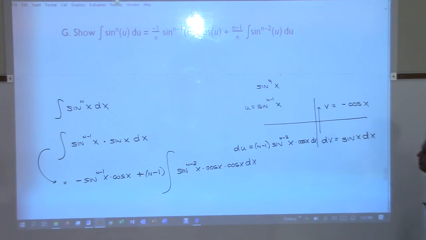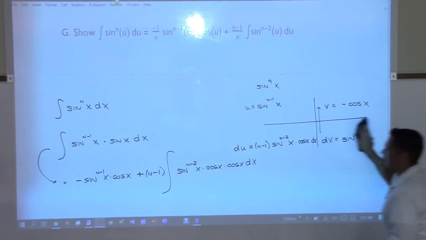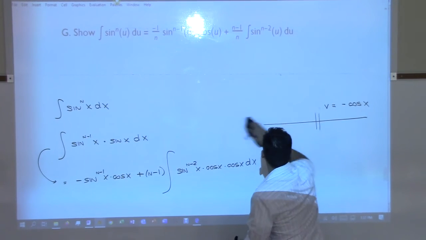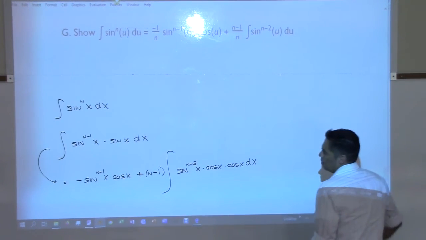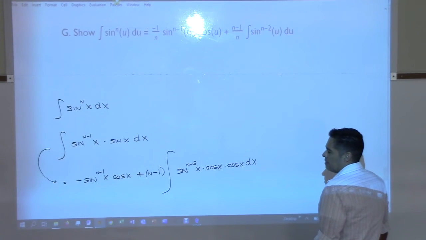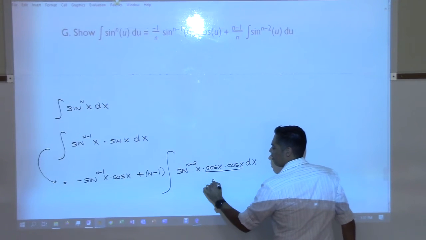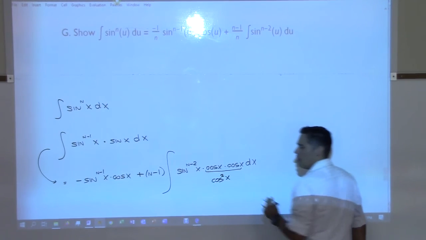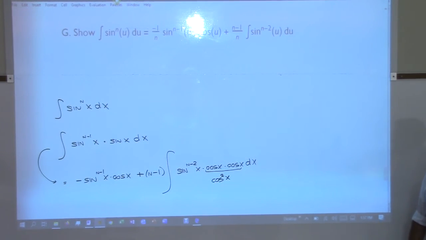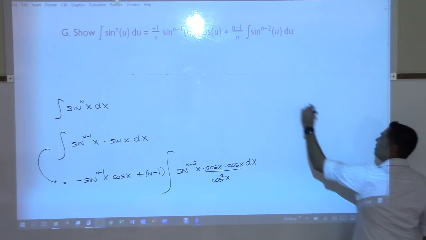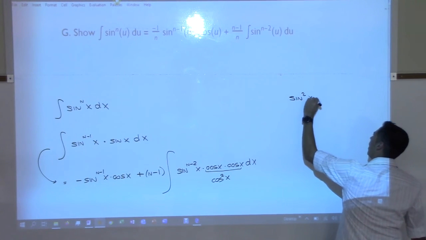All right? So now what we're going to do is, not yet. We're going to put these two together to make that a cosine squared x. And then we're going to use a Pythagorean identity. Remember our Pythagorean identity? Well, I hope you do.